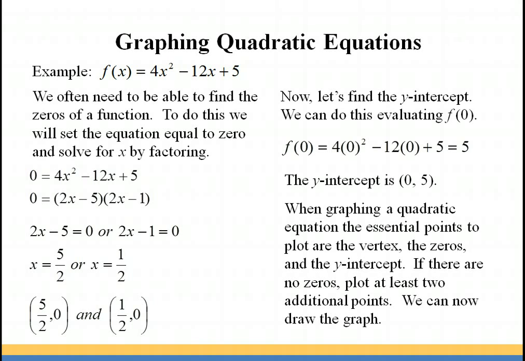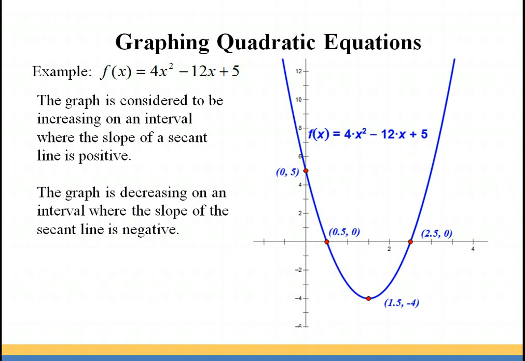When graphing a quadratic equation, the essential points to plot are the vertex, the zeros, and the y-intercept. All of your quadratics will have a vertex and a y-intercept, but not all of them will have zeros. If there are no zeros, just plot 2 additional points to determine your graph. Since we have all of the essential points, we can now draw our graph.